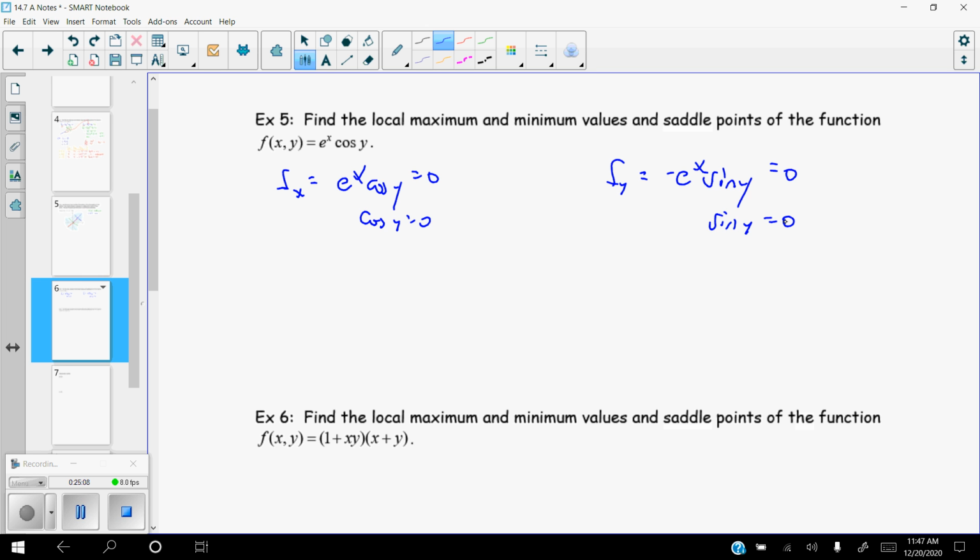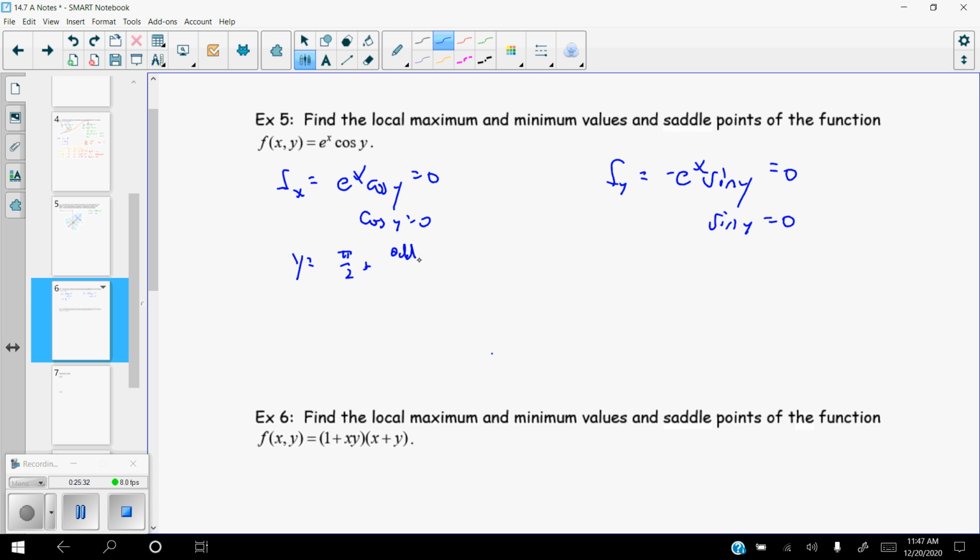All right, well, cosine of y is going to equal 0 at every pi halves. So we know that y in this case is going to equal pi halves plus, basically you're going to hit every pi halves by a rotation of every pi. So it's n pi, or actually it's every odd n pi.